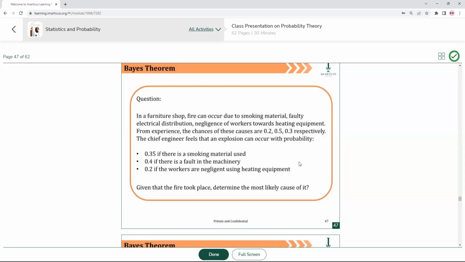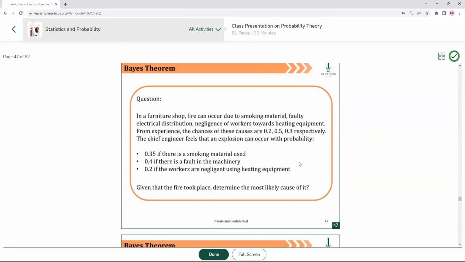Now, the chief engineer feels that an explosion can occur with a probability 0.35 due to smoking material, 0.4 if there is a fault in machinery, and 0.2 if the workers are negligent using heating equipment. Given that a fire took place, determine the most likely cause of it.